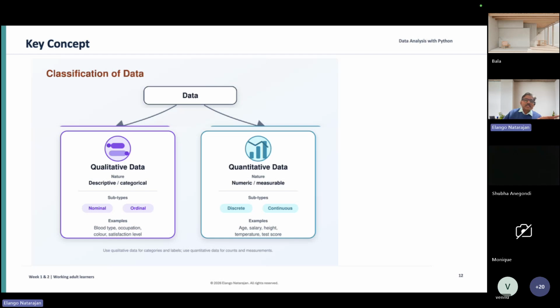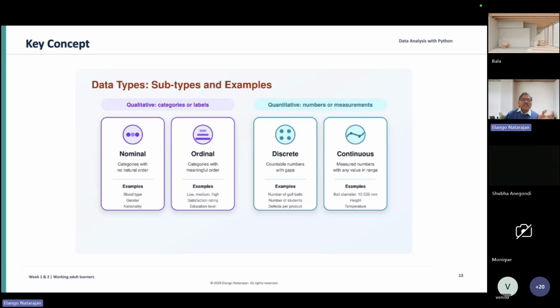Coming to qualitative data, we have nominal data and ordinal data. Ordinal data will have some order. Nominal data doesn't have order. For example, nominal data is categorical data with no natural order. Blood type, there is no natural order. Gender, there is no natural order. You can say male, female, or female, male. Any order you can use.